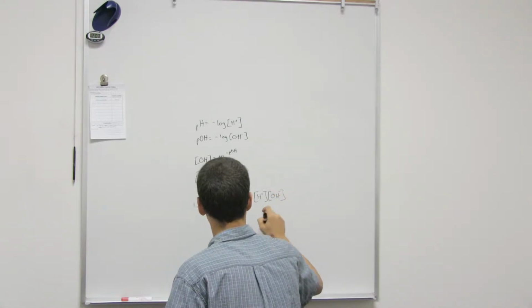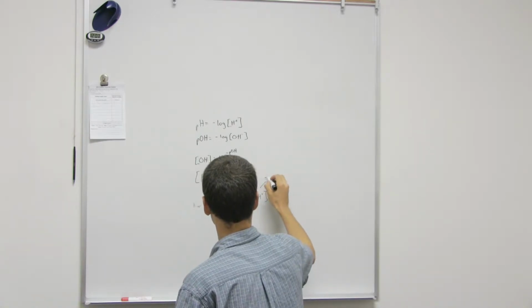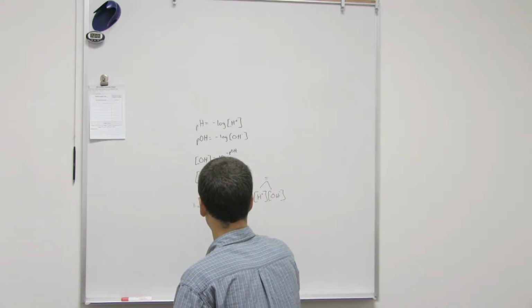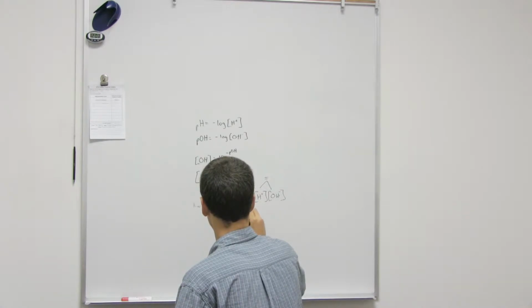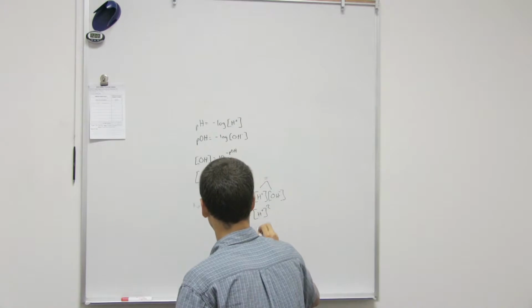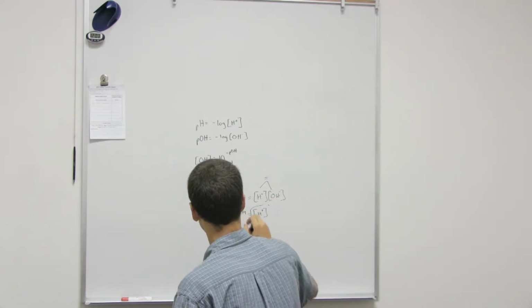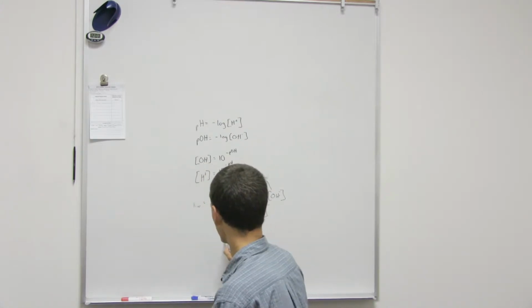So I should take the square root of that? Yeah, since it's neutral, those equal each other. So 2.4 times 10 to the negative 14th equals H plus squared, and you can just square root that. That'll give you your H plus concentration.